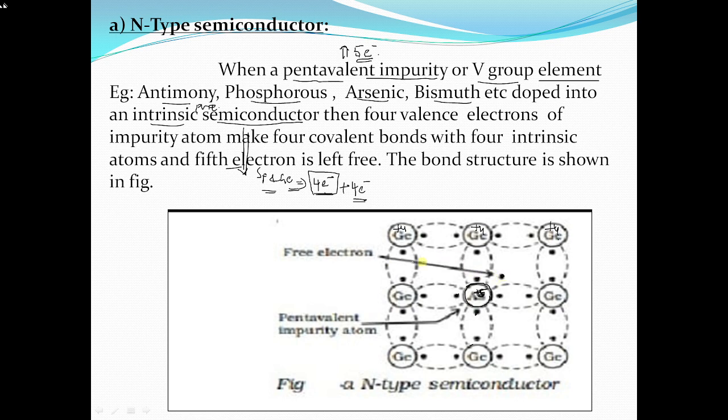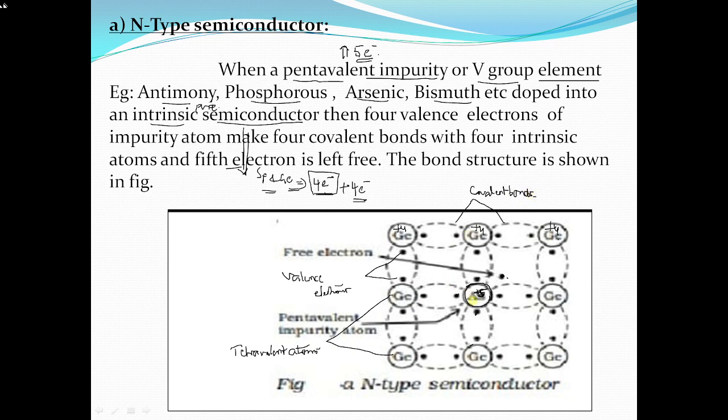Then see here, this is the pentavalent impurity. What are these? Tetravalent atoms. Next, what are these? Valency electrons. And what is this? Covalent bonds. These are the covalent bonds.